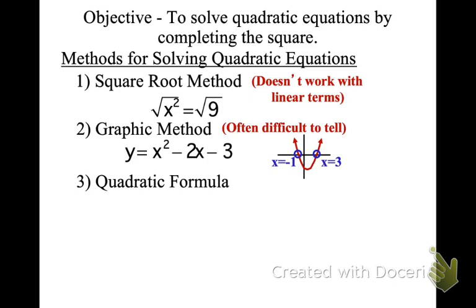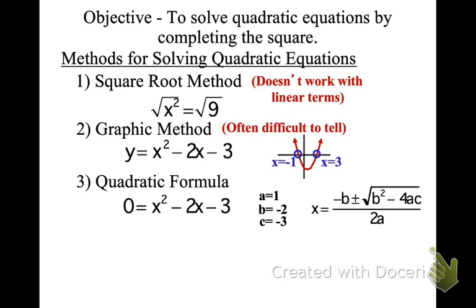We have the quadratic formula. That's number 3. We haven't learned that yet. That's where you basically figure out what is A, what is B, what is C, and then you substitute it into a formula. This works all the time. With the graphing method, when you're factoring, if they're not whole number roots, that makes it hard. It's just lengthy, but the quadratic formula works all the time.